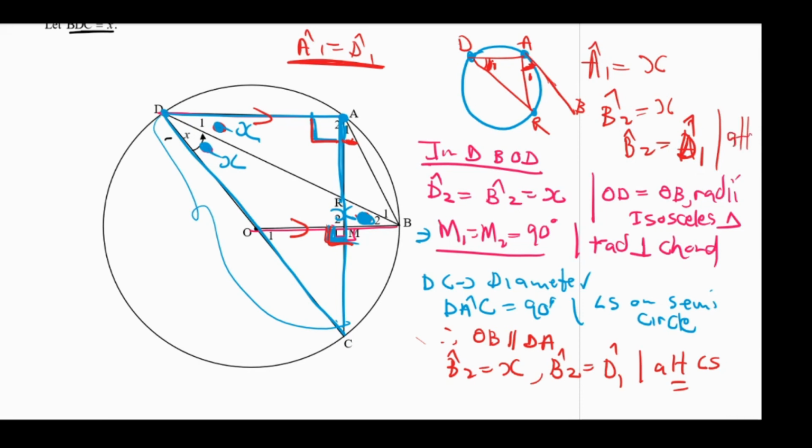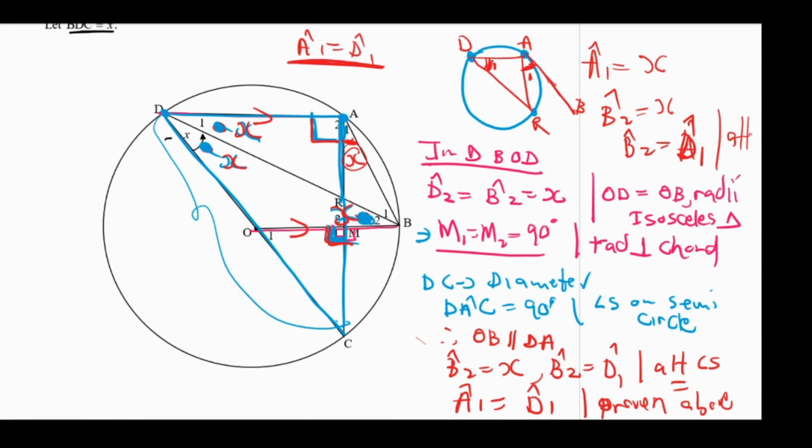So the fact that they are alternate angles, this is X, this is X, this is X, and this is X. So you can just conclude and say angle A1 is equal to angle D1, and then you write proven above.